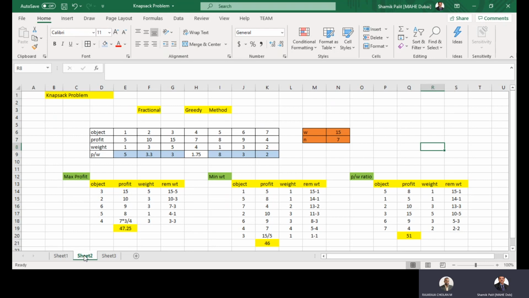Divide and conquer. Yes, divide and conquer. After this, we'll have one more problem we'll be doing today, as we have time. That is on divide and conquer.